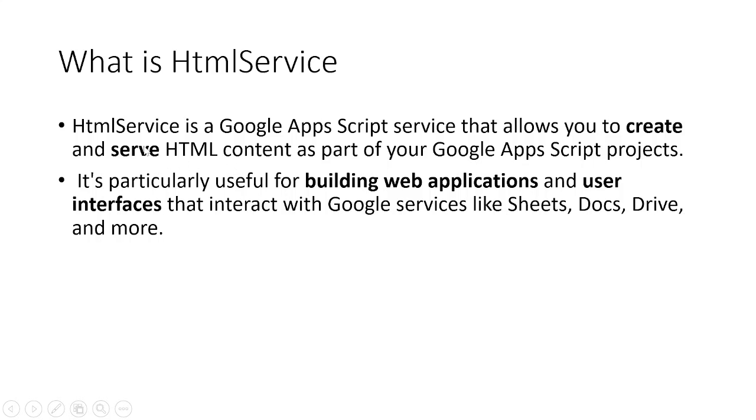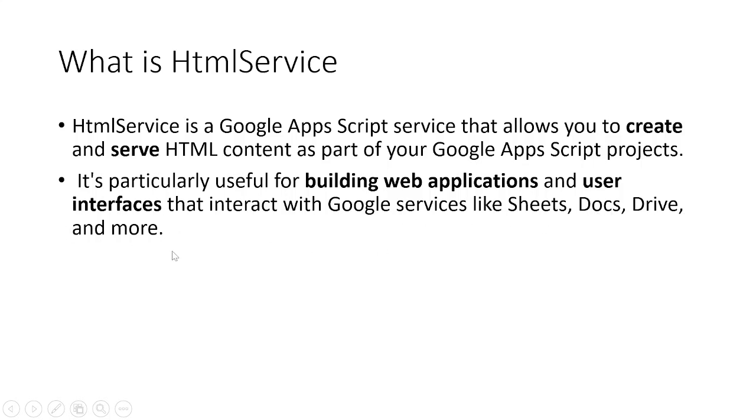The HTML service is a Google Apps Script service that allows you to create and serve HTML content as part of your Google Apps Script projects. It is the HTML service that is responsible for creating and serving our HTML content. It's useful for building web applications and user interfaces that interact with Google services like Sheets, Docs, Drive, Gmail, and so on.